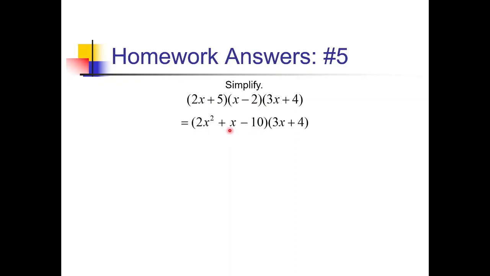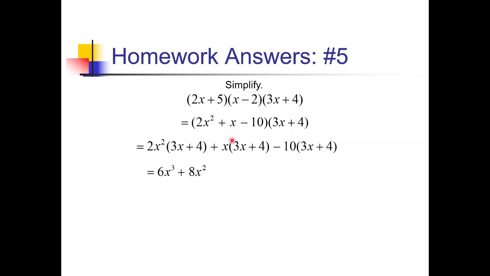Now I'm going to multiply this first parentheses by the second one by distributing everything in there. So we have 2x squared times 3x plus 4, plus x times 3x plus 4, minus 10 times 3x plus 4. Distributing each of these individually, this first one we've got 6x to the third, and then multiplying by 4 gives me 8x squared.